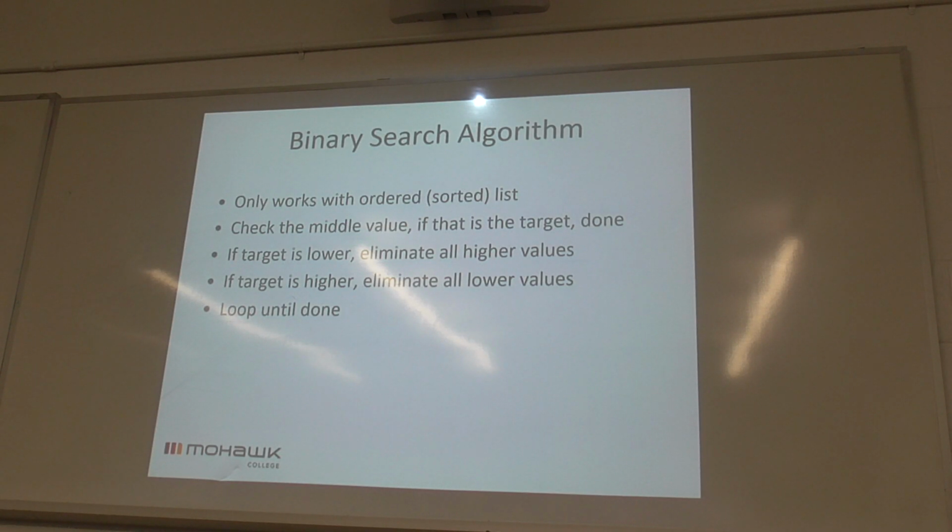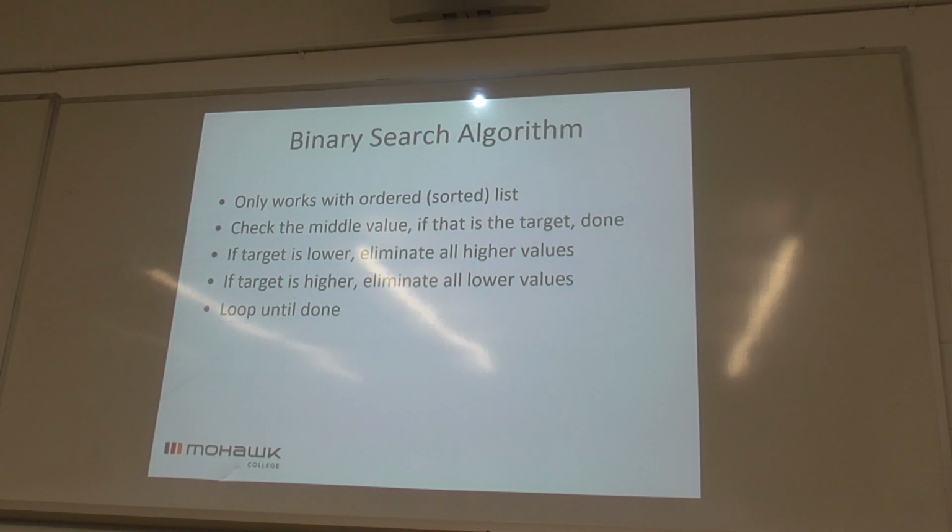If I can eliminate a chunk of values where it's not in that half, the remaining half is where it must be, so I've reduced the search space by a factor of 2. I know that it must be in this half. I then repeat the same step again, and this is called recursion. We recurse on the front half of the data set.